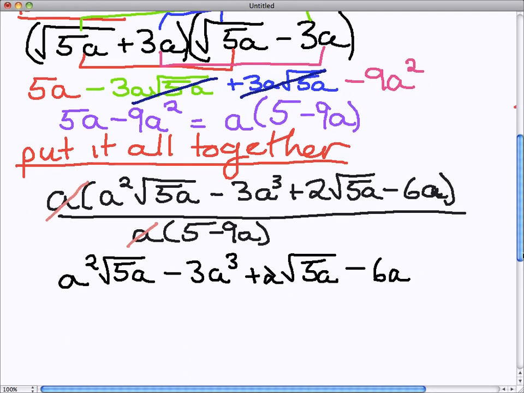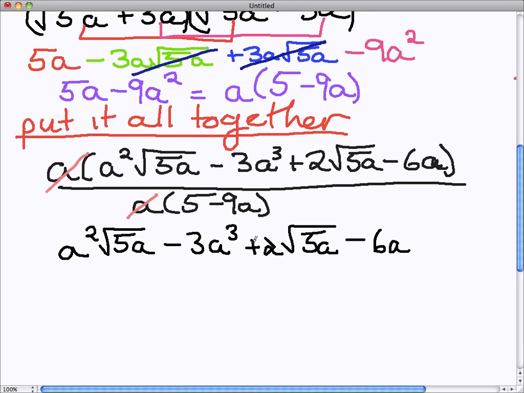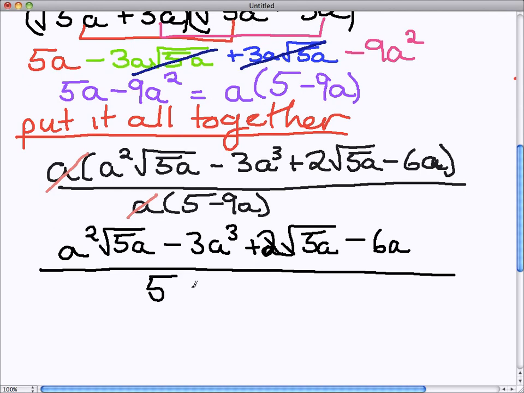I will often have students ask me, couldn't I factor an a out of there? The answer is technically you could factor half an a out, because the square root of 5a would be a to the 1/2. But I wouldn't bother, because there's no a's left on the bottom to cancel it with. It's not really going to get you anywhere, and it's actually easier just to leave it as one giant long term.